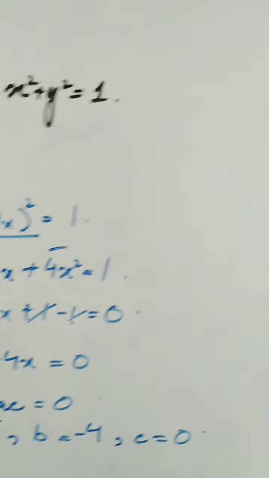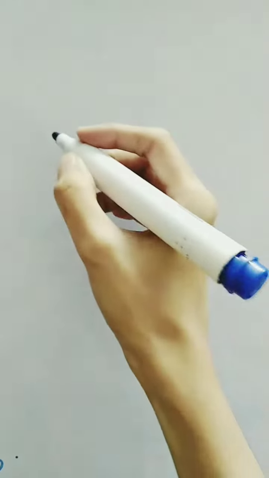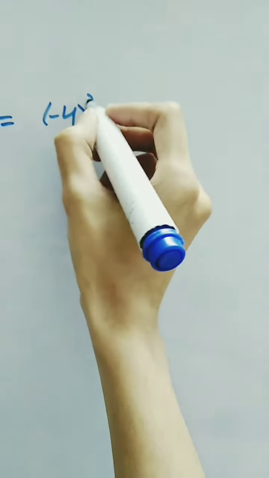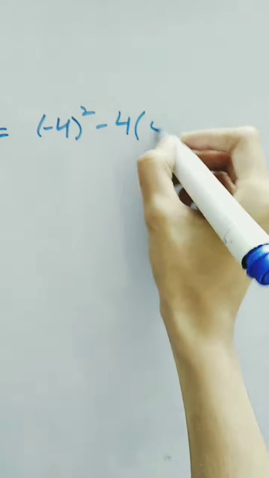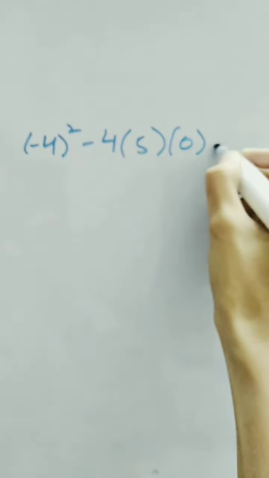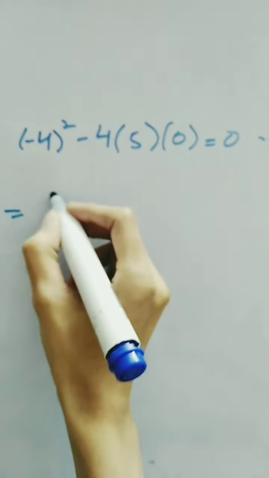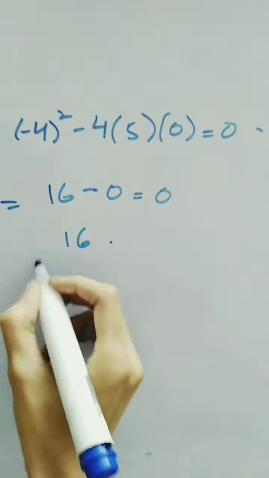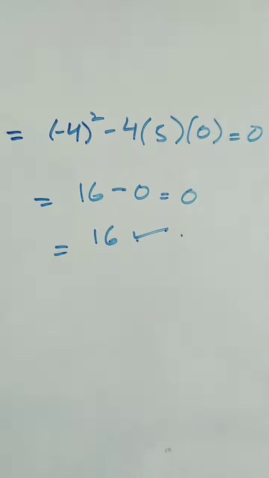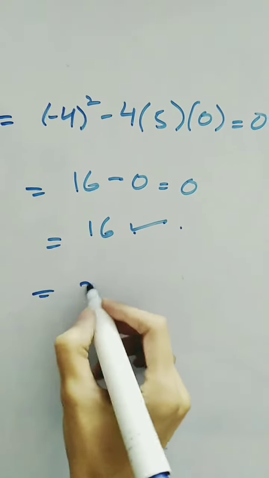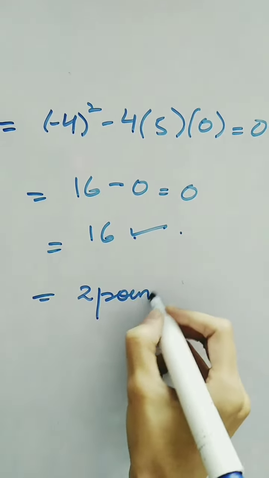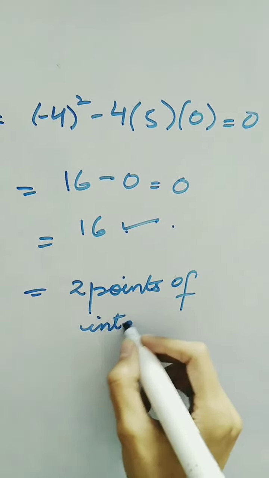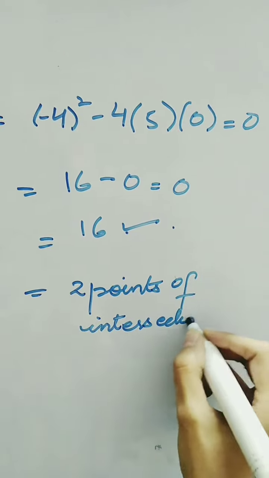The b was minus 4 whole square minus 4, a is 5 and c is 0. So we will have only 16. As 16 is a positive value, it means that we will have 2 points of intersection for the given pair of straight line and curve.